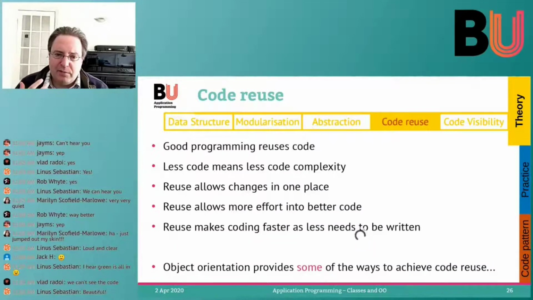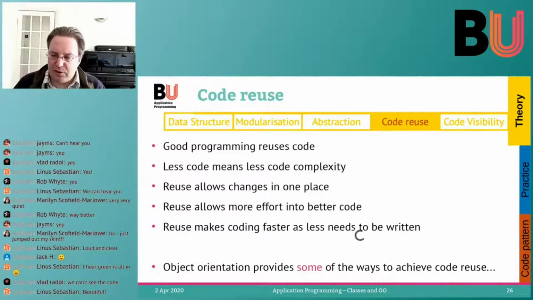Then when we have object orientation, we have this code reuse stuff. So what you really want to do all the time is reuse code. Make functions to wrap your code. Make classes to wrap common state and common behavior.